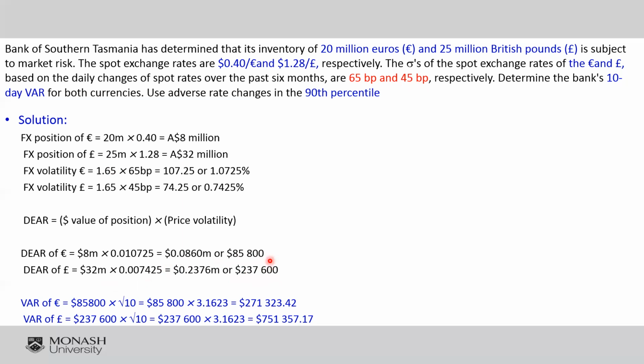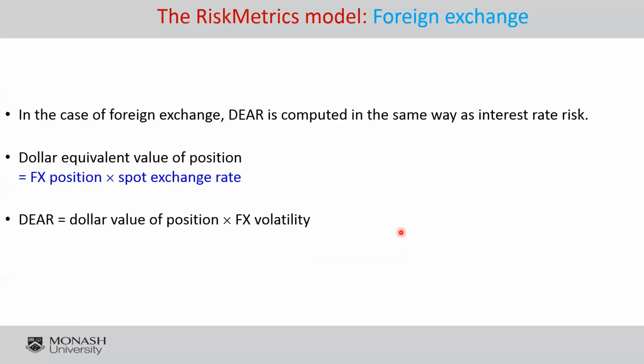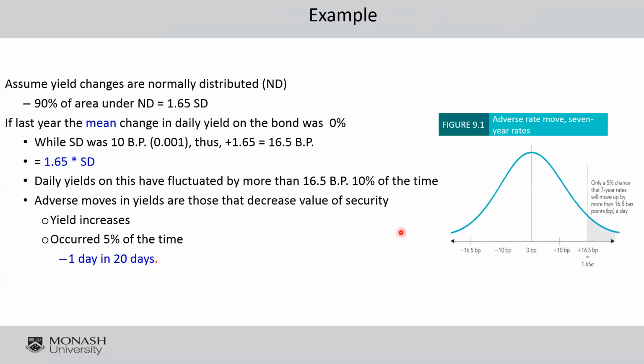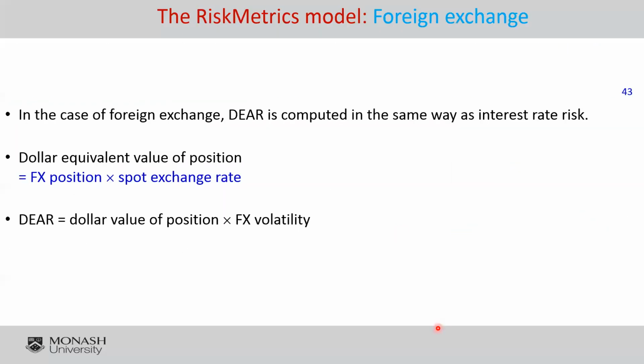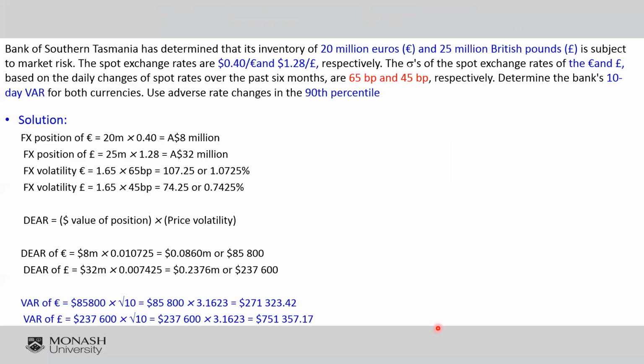So this is the DEAR in 1 day, according to this calculation and according to the change in the historical exchange rate, and the Z value under the 90%. We didn't do anything else. We just calculate under the 90% how much the change will be, as I told you, in this area, under the 1.65.